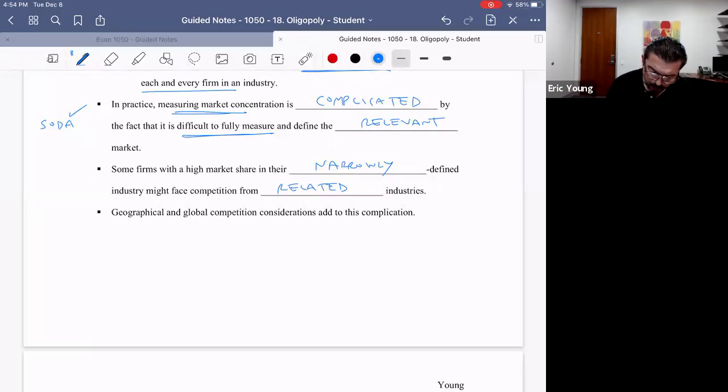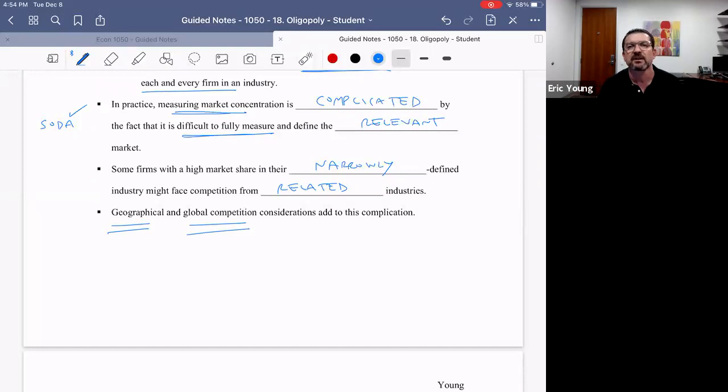Final point I'll make, which just ties into it: the idea of potential substitutes and market definition is complicated even further by the fact that you have to add in geographical and global competition too. Companies rarely compete anymore in strictly national competitions.